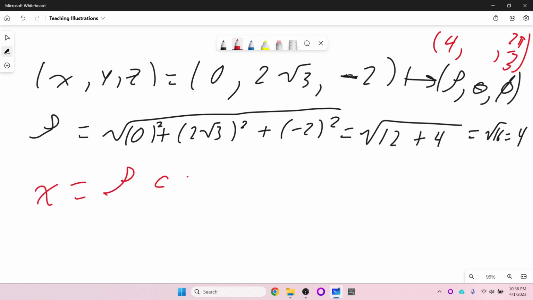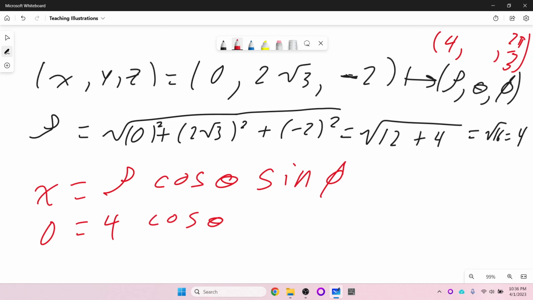X is rho cosine theta sine phi. That's the formula. So 0 equals 4 times cosine of theta times sine of 2 pi over 3, which is negative 1/2, so we get negative 2 cosine of theta.